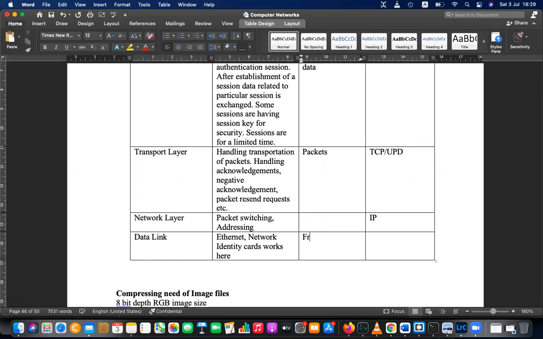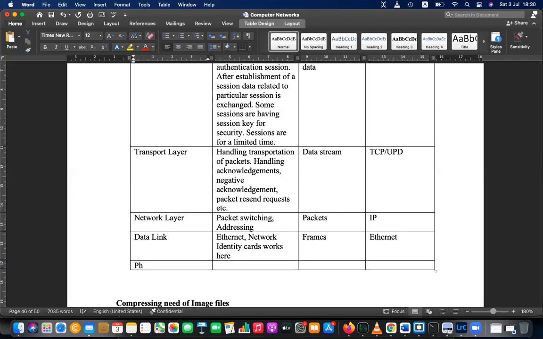And the data format is frames. In the network layer it is packets, right? Here we can call it a data stream. Packets and frames. Frames and Ethernet are one of the main topologies of the protocols.